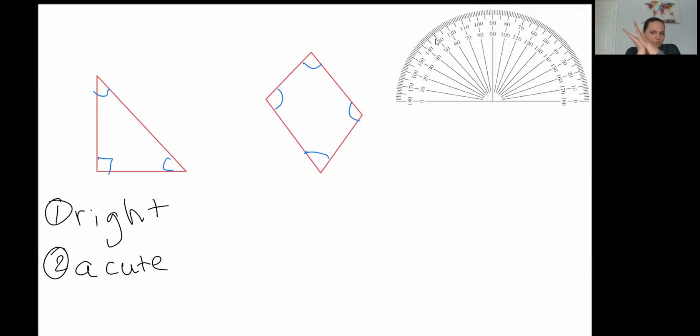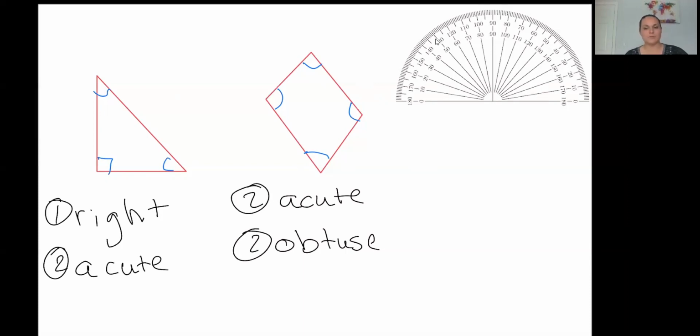If I have a little one that looks like this, it's going to be an acute angle. And those other ones, they're open wide. If I open wide, I have an obtuse angle. And if it asked me for how many I had, I've got 2 acutes and 2 obtuse angles.